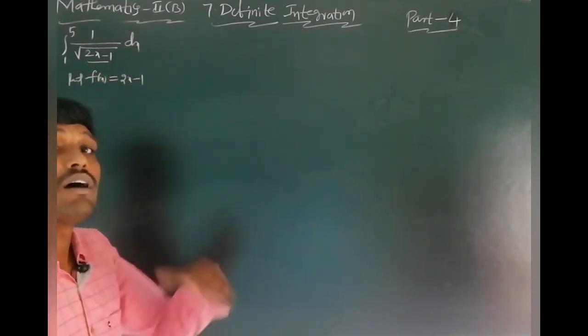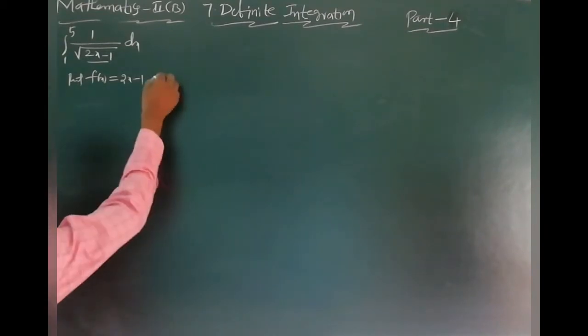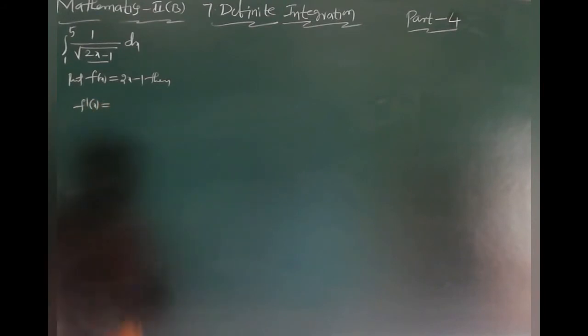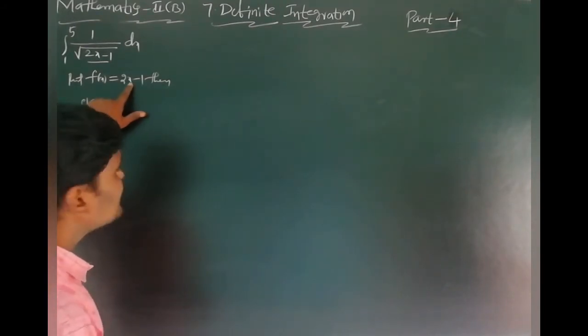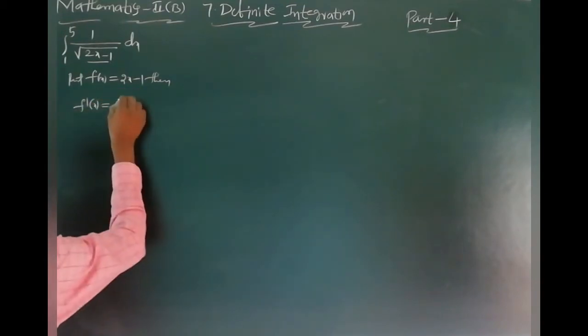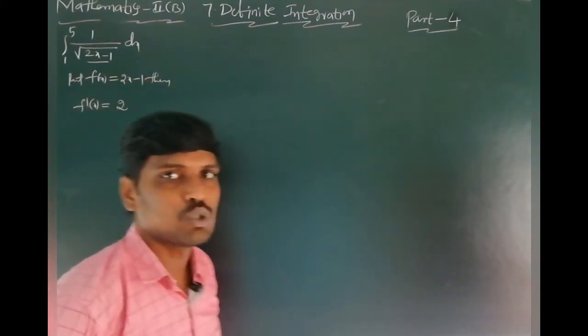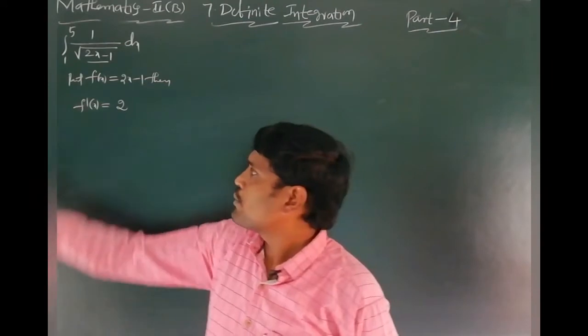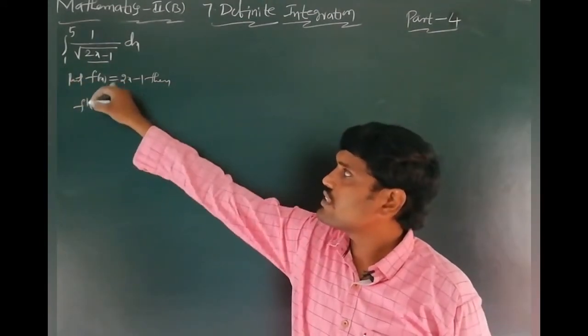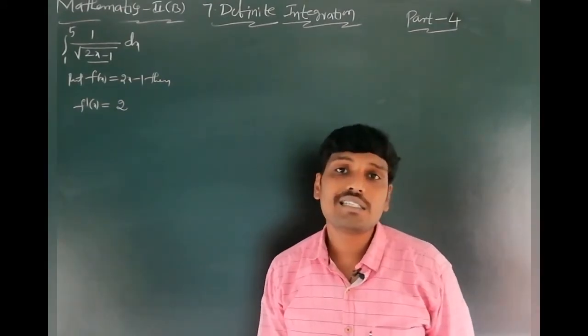Okay, students, what is the derivative f dash x? Then the derivative of f of x is f dash x. 2 common, x derivative is 1, minus 1 derivative is 0, you get f dash x, the derivative, is 2. Correct or not, students? Suppose you take 2x minus 1 as f of x. The derivative of this one, f dash x, is 2.